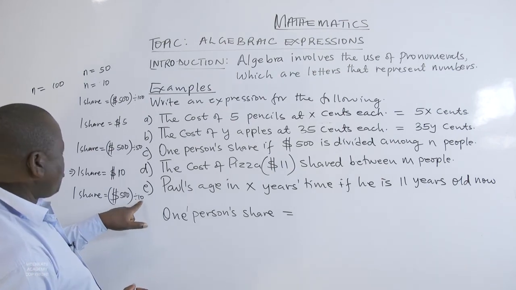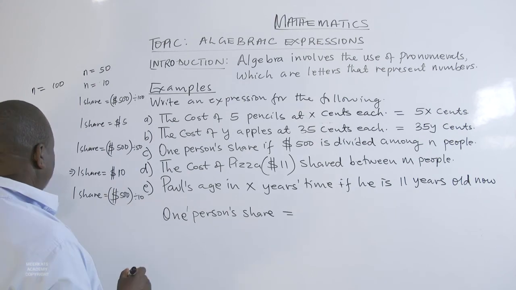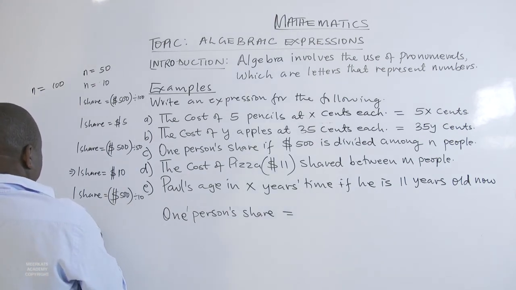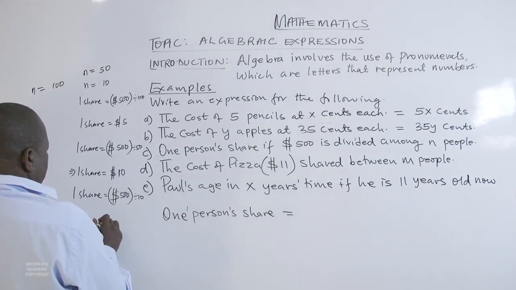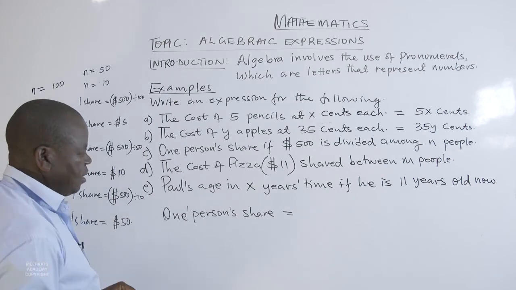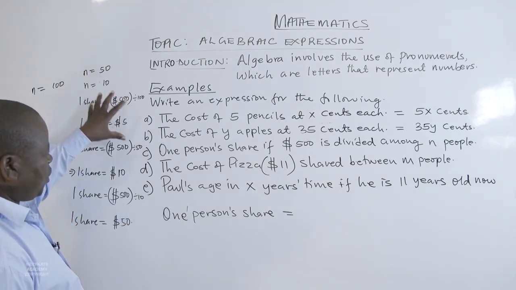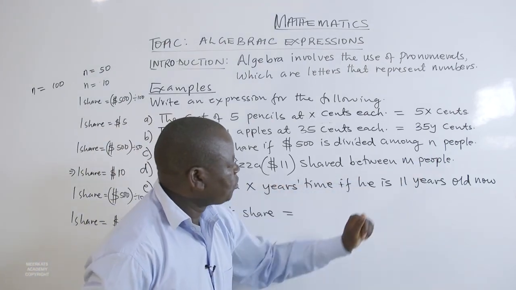And since the highest common factor between 500 and 10 is 10 itself, we get one share being equal to $50.